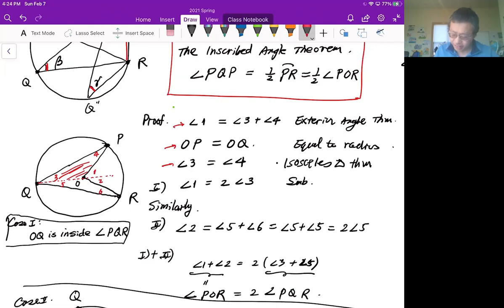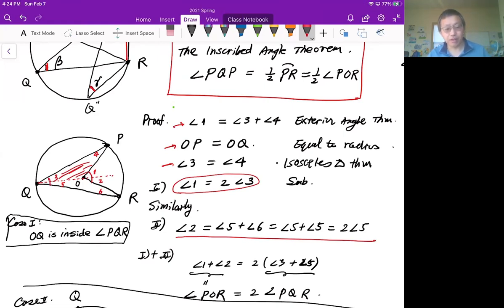So we can say that angle 1 is twice angle 3. And similarly, you can prove that angle 2 is twice angle 5. So if you add angle 1 and 2, that should be twice angle 5 and 3. So that's the reason.